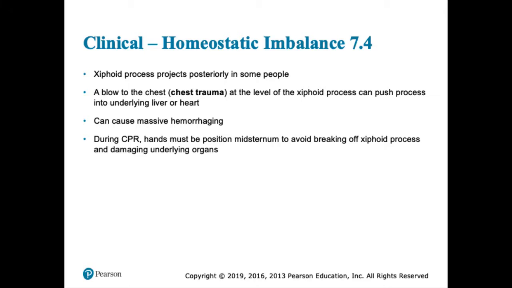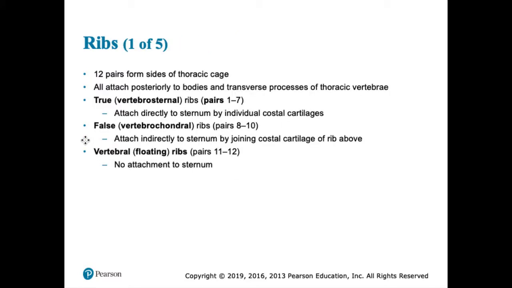When we're thinking about issues that can arise, the xiphoid process projects posteriorly in some people. So a blow to the chest can cause chest trauma at the level of the xiphoid process. It can push into the underlying heart or liver, and this can cause massive hemorrhaging. So during CPR, hands must be positioned mid-sternum to avoid breaking off the xiphoid process and damaging these underlying organs.